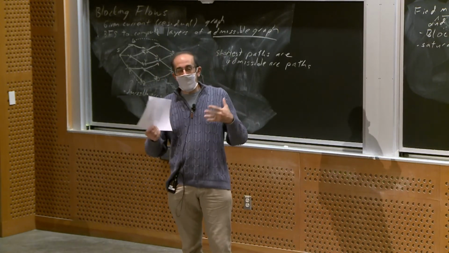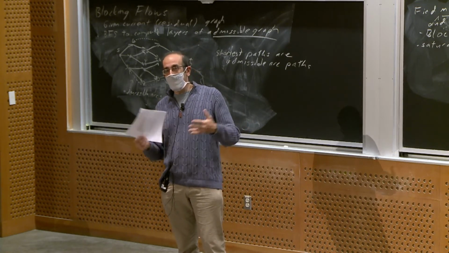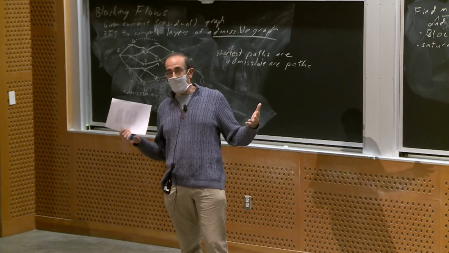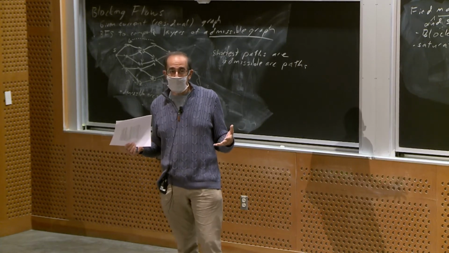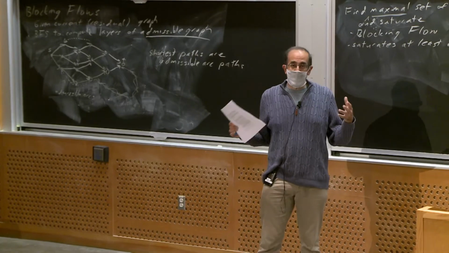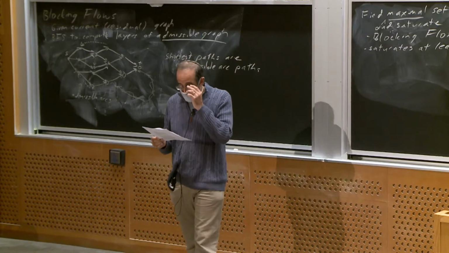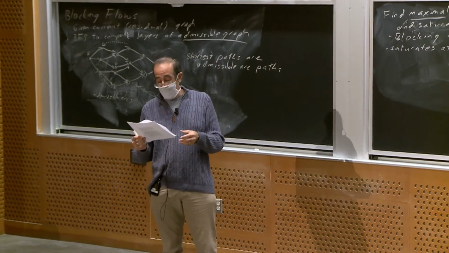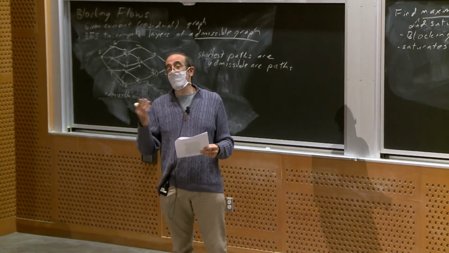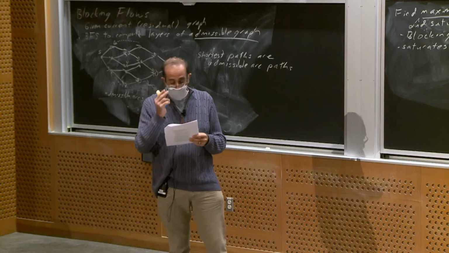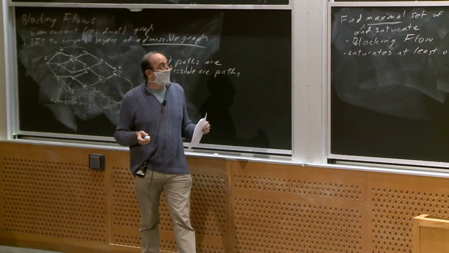And when we talk about maximum flow, this improvement happens because we don't only add flow to edges, we sometimes take flow off of edges because we send flow through the residual graph, right? So finding a maximal set of admissible paths, a maximal flow, is going to be easier than finding a maximum flow because we don't have to consider this possibility that maybe we can make things better by removing flow from some of the edges that we're already using. Okay? So that's what a blocking flow is.